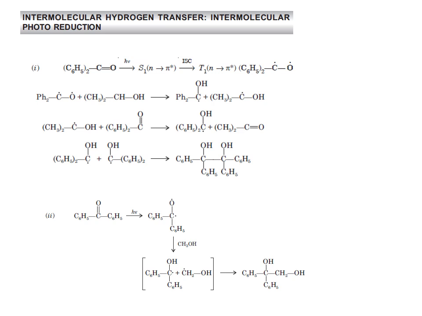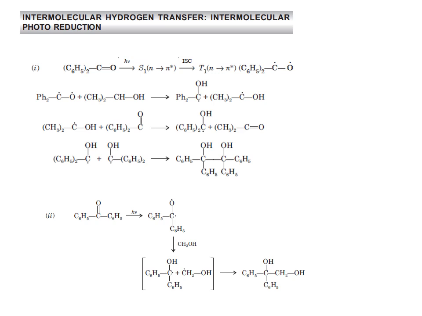Now we are going to discuss the intermolecular hydrogen transfer and this intermolecular photoreduction process. Usually photoreduction of carbonyl compounds is one of the best known photoreactions. In its initial step, the mechanism involves the transfer of a hydrogen atom to the oxygen atom of the carbonyl excited state from a donor molecule, which may be a solvent, an added reagent or a ground state molecule of the reactant.